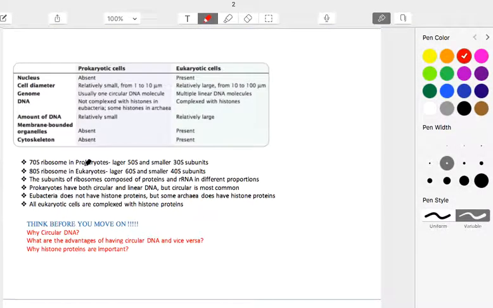The 70S ribosome in prokaryotes has a larger 50S subunit, as you see here, and a smaller 30S subunit, and the 80S in eukaryotes has 60S and 40S. But remember, if you just combine 60 and 40, it turns out to 100, right?